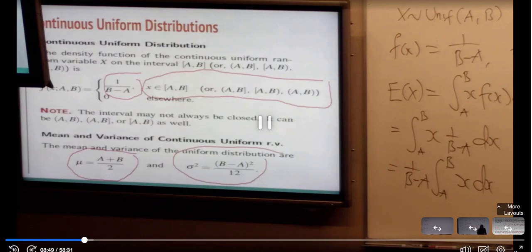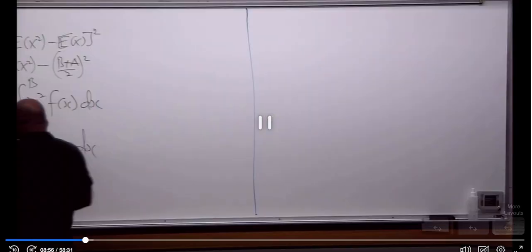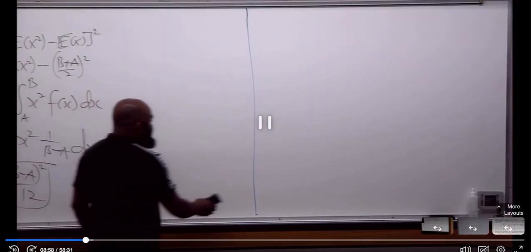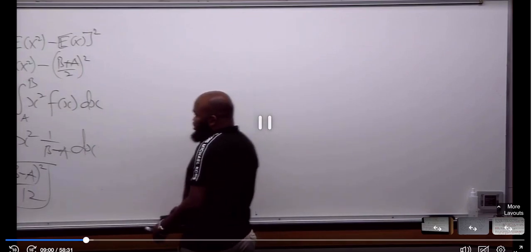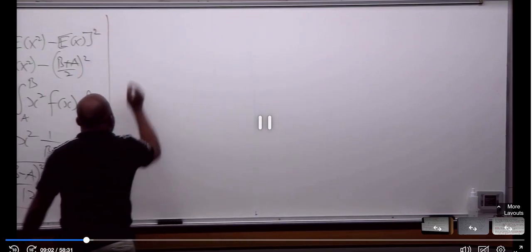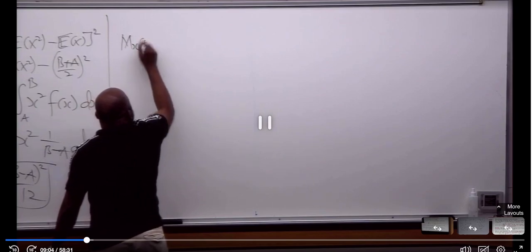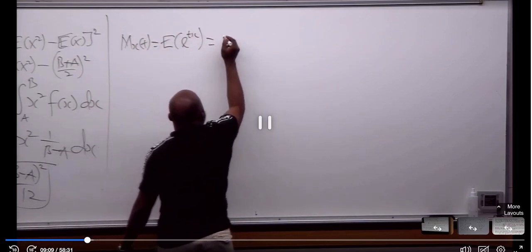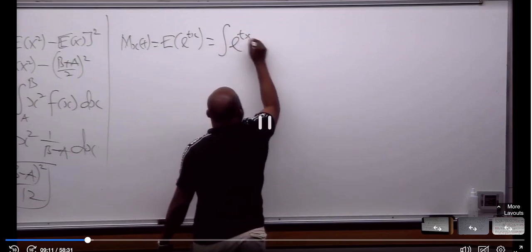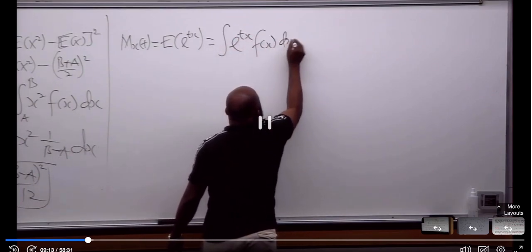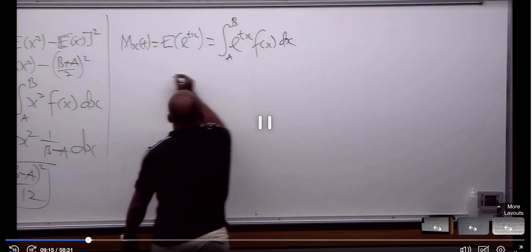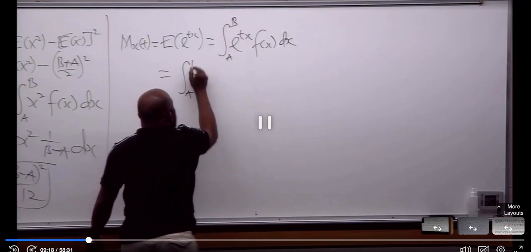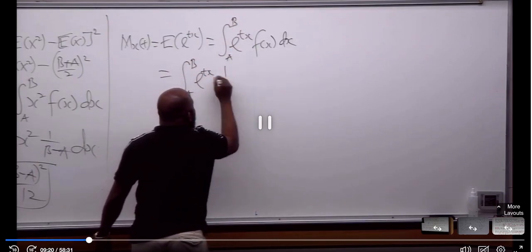So that is the uniform. Is there any question on this uniform? I can also ask you to derive the moment generating function for this distribution, M of t, which is the expected value of e raised to the power tX, the integral from A to B of e raised to the power tx times f of x dx. I'm going to leave you to finish it up.